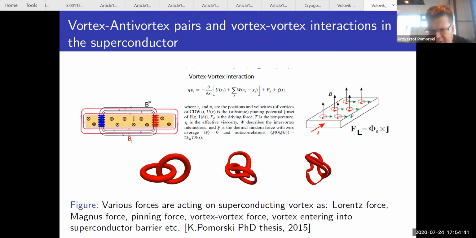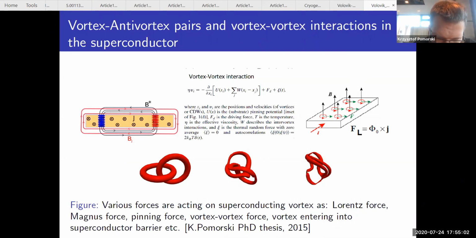The core of the vortex that is moving is pushing around a sea of Cooper pairs, so there's a certain counter-reaction of the environment. So there's also a Magnus force that is usually proportional to vortex speed. So it's a kind of friction force.